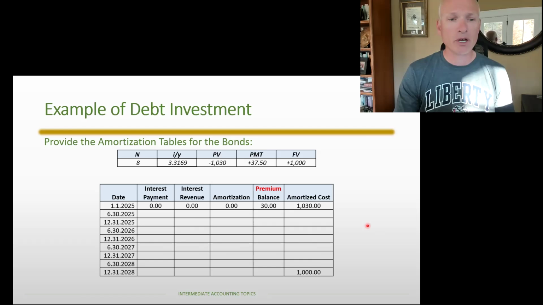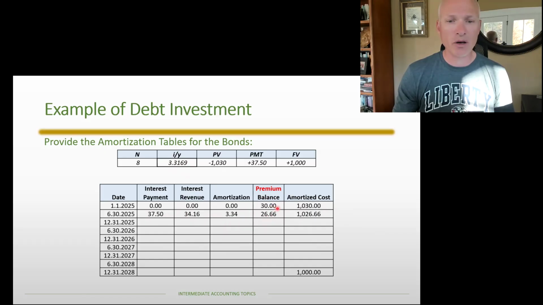And the way that we operationalize that, again, same payment, the interest revenue is calculated as the yield times the prior amortized cost, so 3.3169% times 1,030 is $34.16. The difference between these two is the amortization. And again, over time, that premium balance is going to go down.